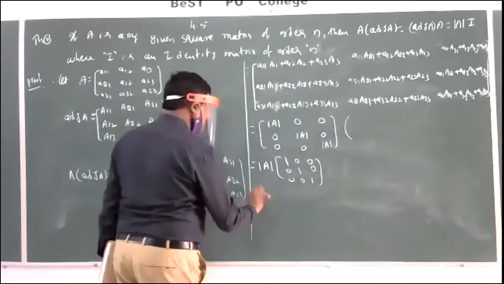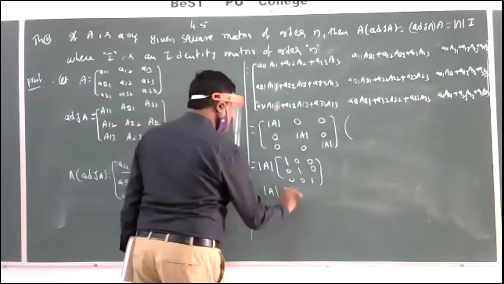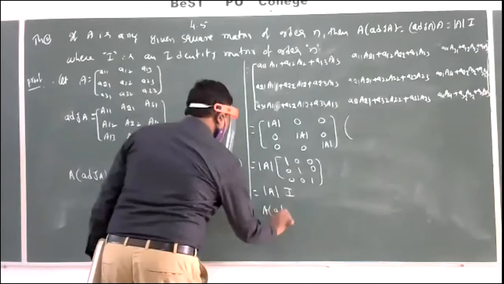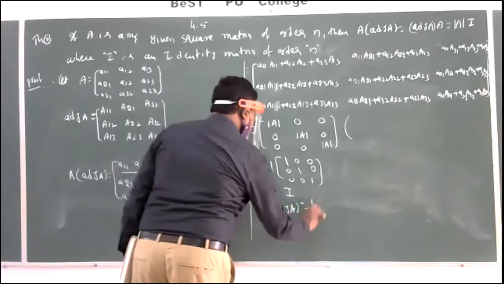This is nothing but the identity matrix, det A into I. Therefore, A into adjoint A equal to det A into I.